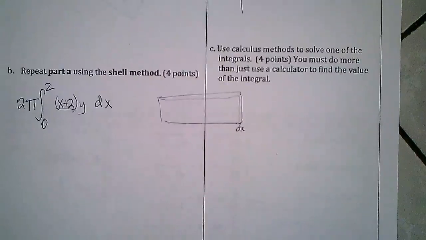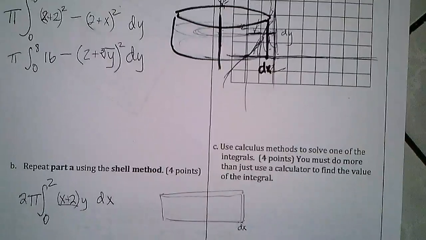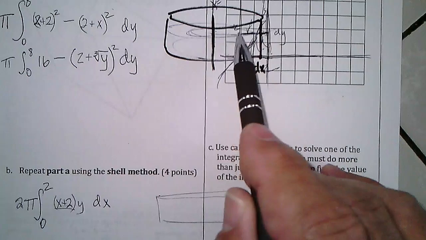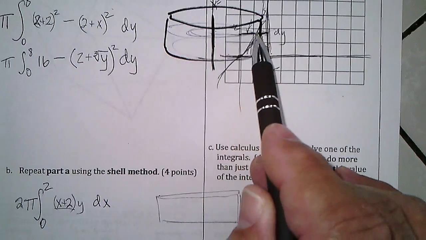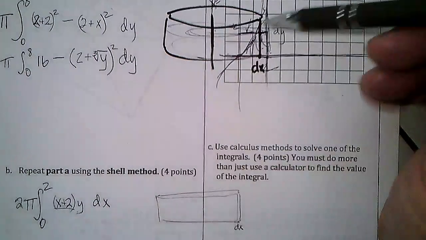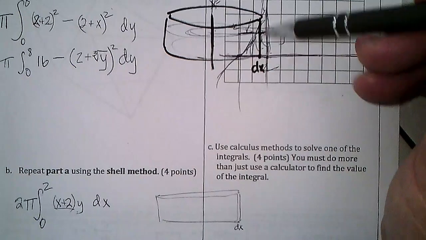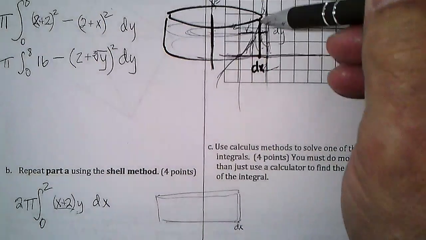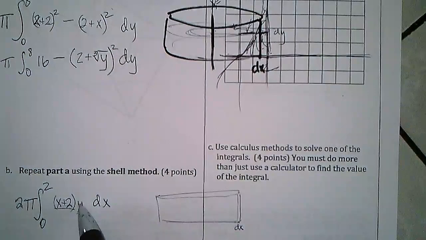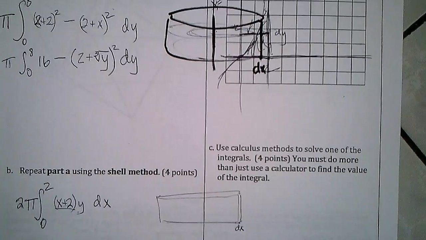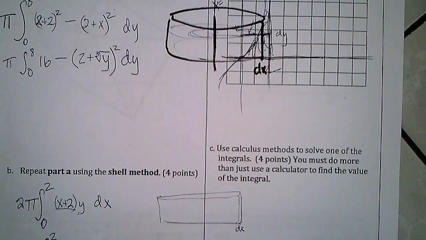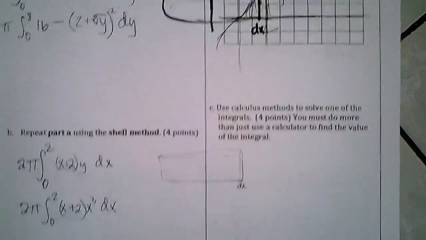Now, write it down so you can see it. There we go. So 2 pi, radius is 2 plus x. The height of the ring is y dx. And this y is x to the third. So this becomes 2 pi integral from 0 to 2 of x plus 2 times x to the third dx.